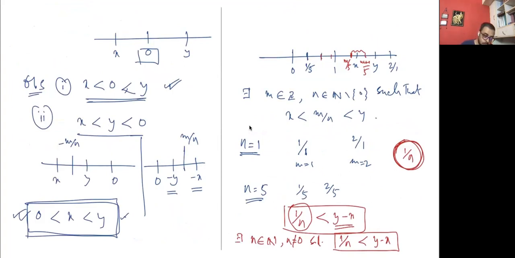Okay. Now, next task is to identify this number. So for that, we do the following. We take k belonging to N such that k over n is less than the smaller of the two.